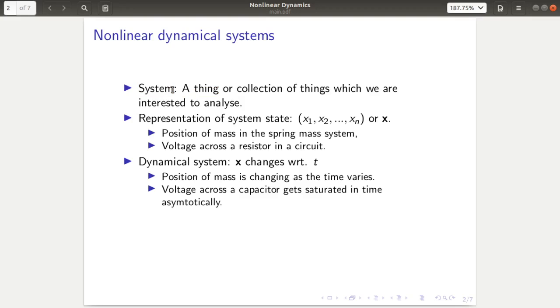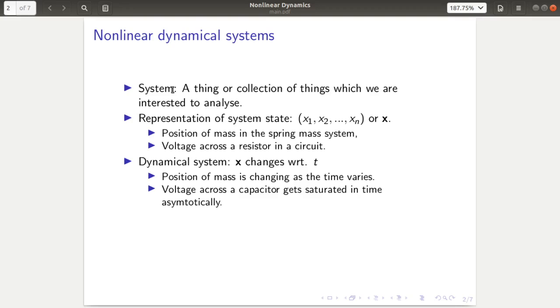The set which consists of the system as well as the surrounding is known as universe, and the boundary between the system and the surrounding is known as system boundary. These are the definitions which we have borrowed from thermodynamics. So that's what a system is.